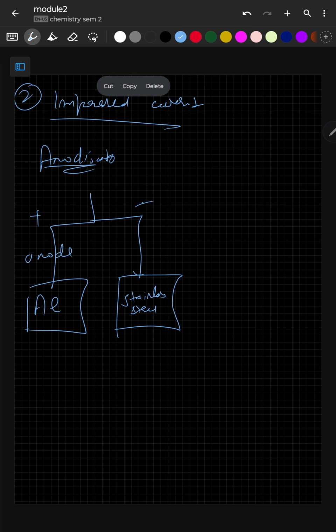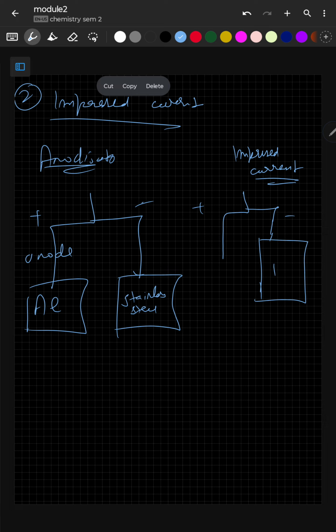In this impressed current, what we are going to do is, here also the anode is positive and the cathode is negative, but here we want the cathode to be protected. Suppose I take the ship example. The ship is made of iron, just as an example. This is going to be the inert material, this here is inert.